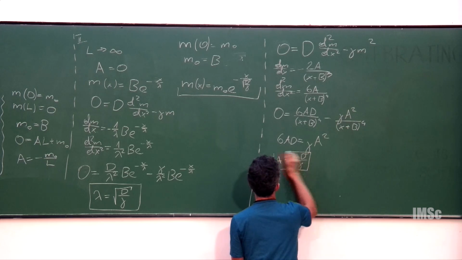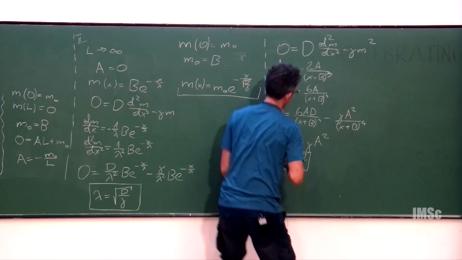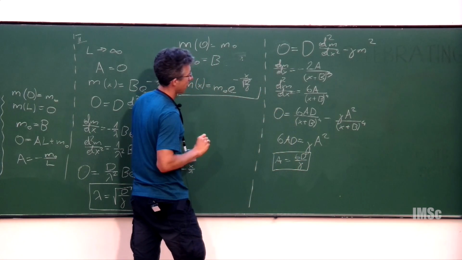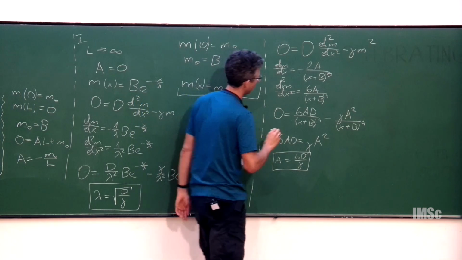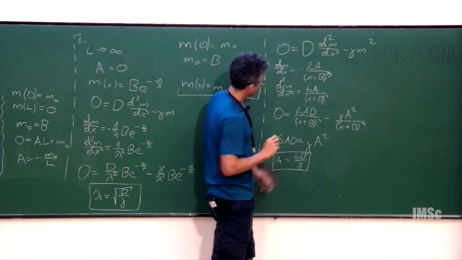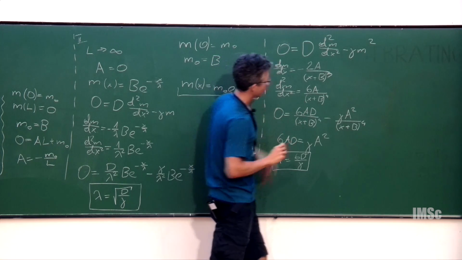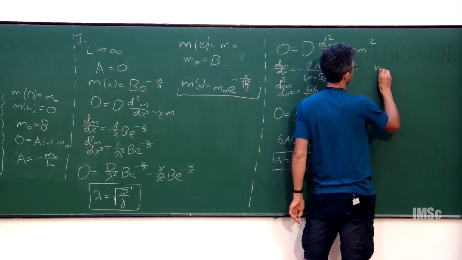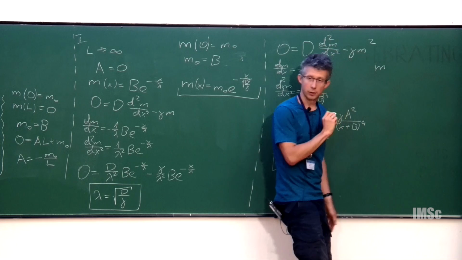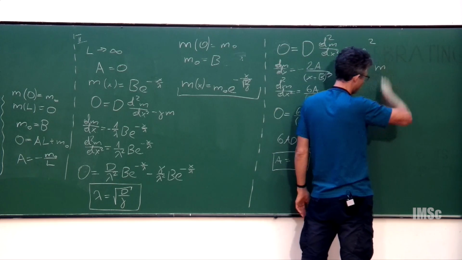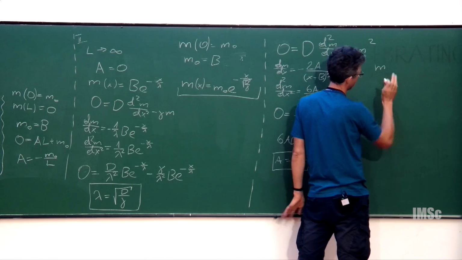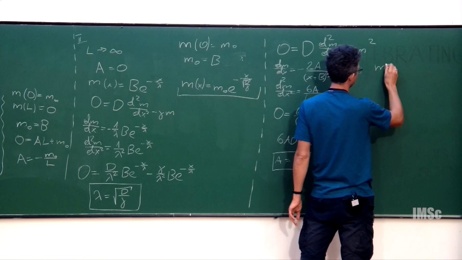okay, so I got A, and now I want to get B, and to get B, let me again use the condition for the value of the morphogen at the source, or at the boundary, the ventral boundary x0.